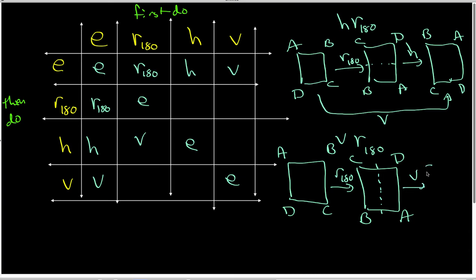When we do the vertical flip, our square is going to look like DC up on top and AB down here on bottom. And if I want to go from here to here, that's the horizontal flip, so that puts that in.